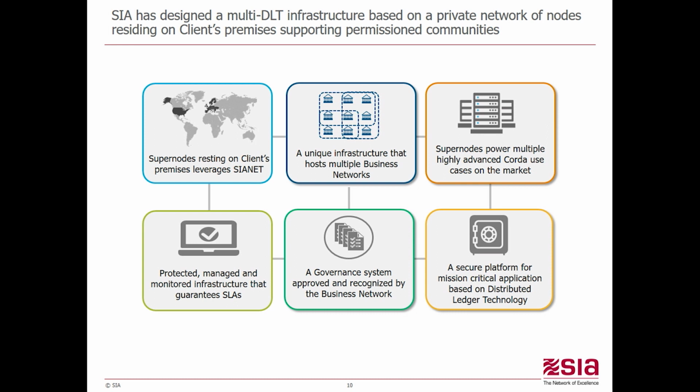But at the same time, all the clients must follow our guidance and our best practices in order to achieve the SLA and the quality of service for the whole network. Otherwise, one client could damage the performance of the whole network through wrong management or wrong use of the technology. And last of all, we are ready for mission-critical applications.